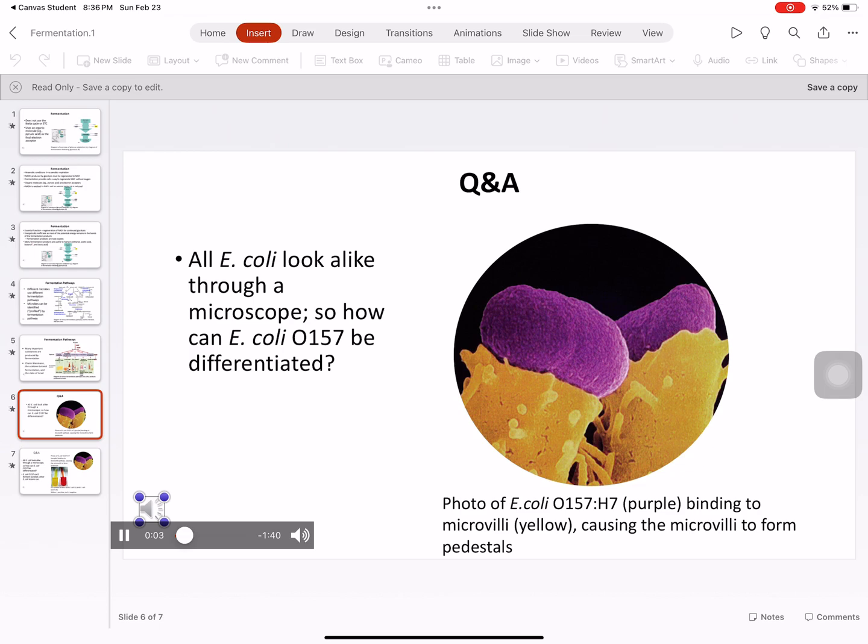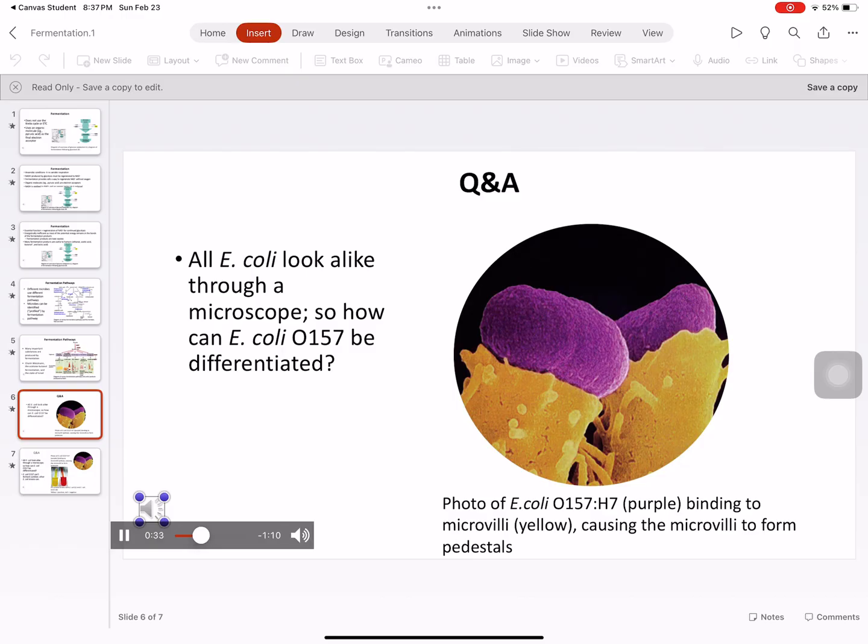So let's put our knowledge about fermentation into practice with some critical thinking. So all E. coli, whether it's E. coli like we have in our intestines, or whether it's E. coli O157:H7, the cause of foodborne illness in many cases, or various other varieties of E. coli, well, they're E. coli.